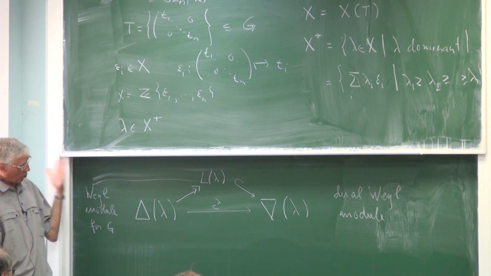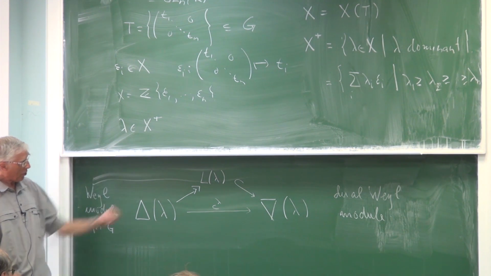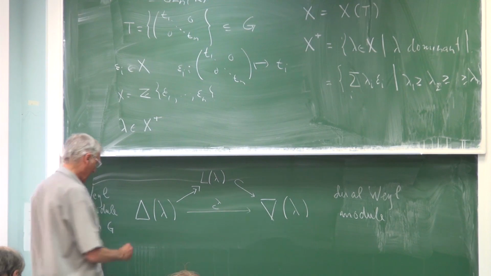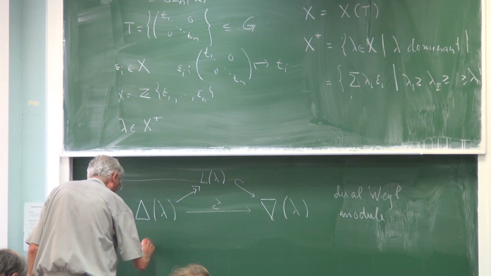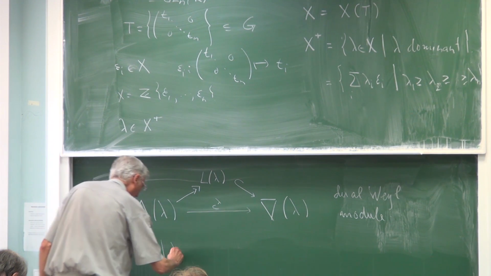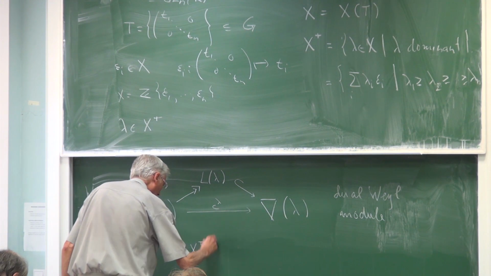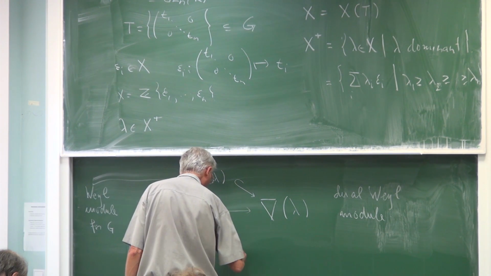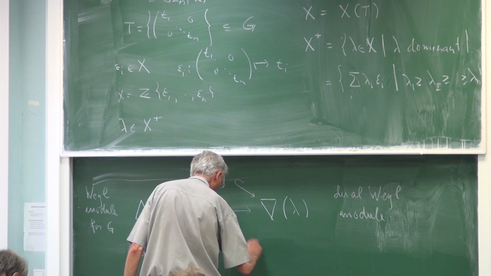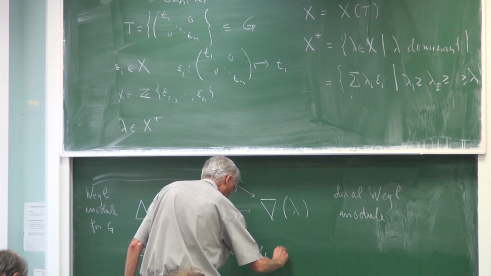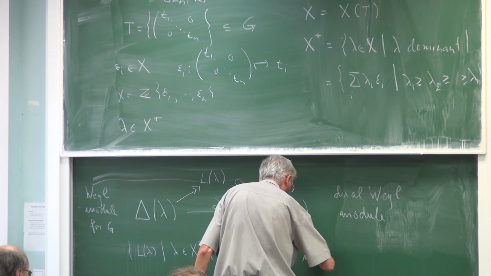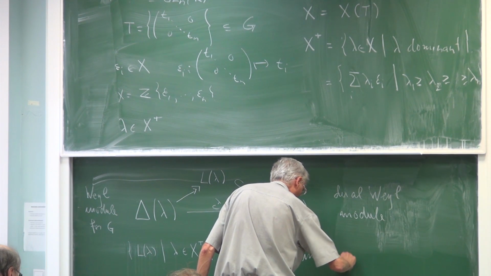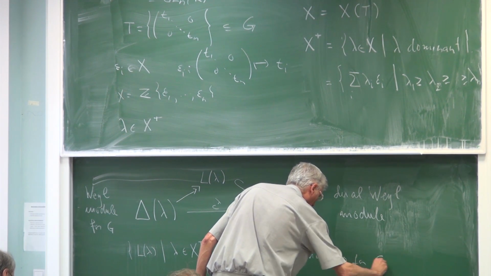All right. So now it turns out that the set of L lambda, where lambda runs through X plus, are the simple modules, the irreducible modules for our G.